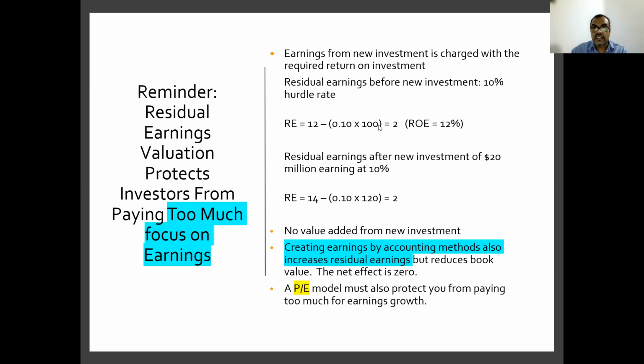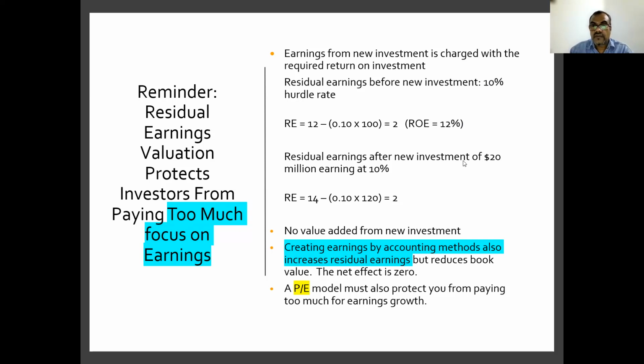Then the expected earnings is 100 into 10%, that is 10. 12 minus 10 is 2. So ROE, return on equity, is 12. Simply speaking, as a percentage, residual earnings is the difference between ROE and the expected rate of return.